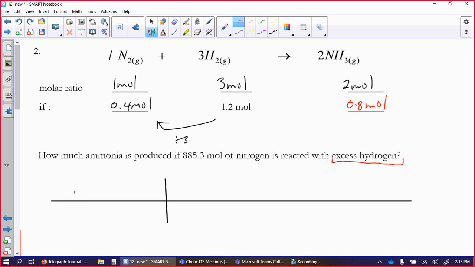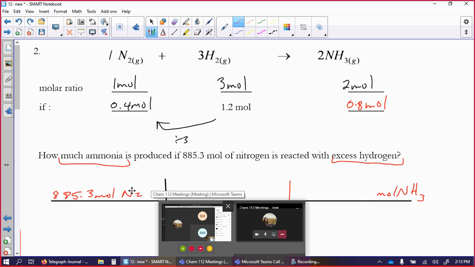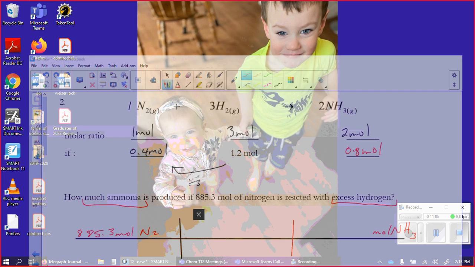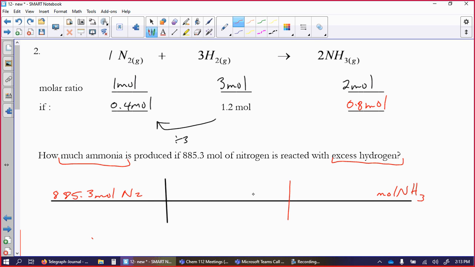So 885.3 moles of nitrogen. How much ammonia? Well, moles of ammonia. What we want is moles of ammonia.